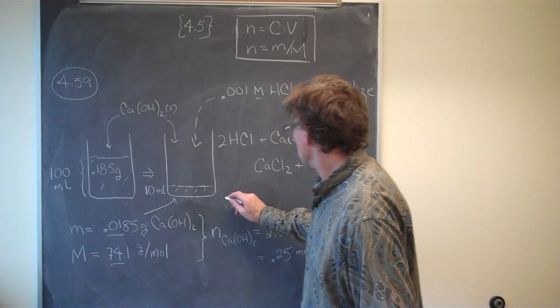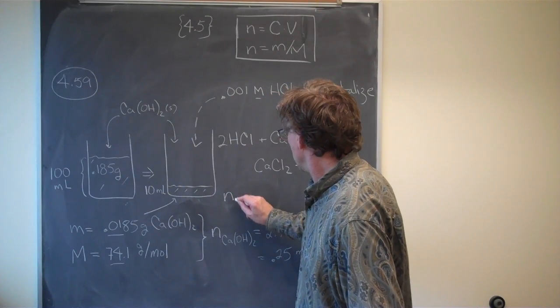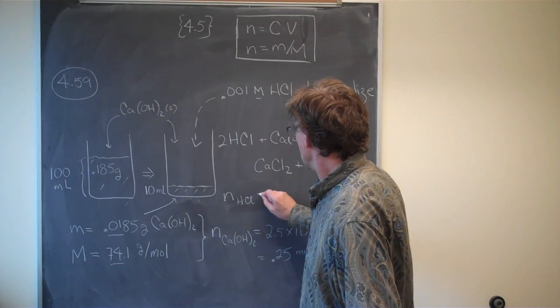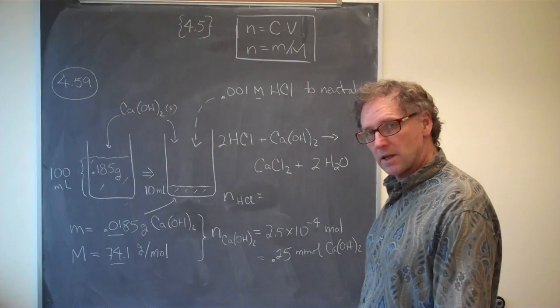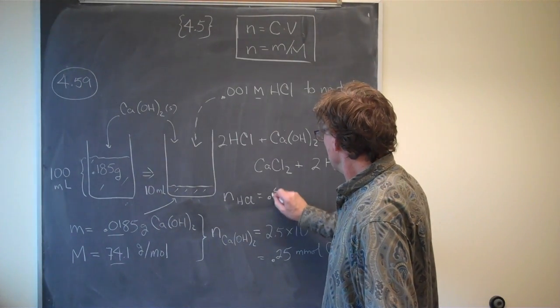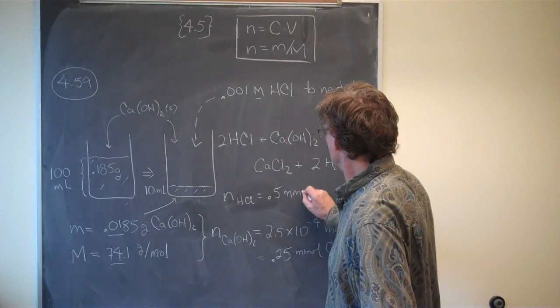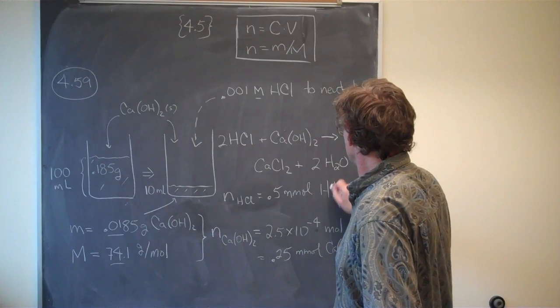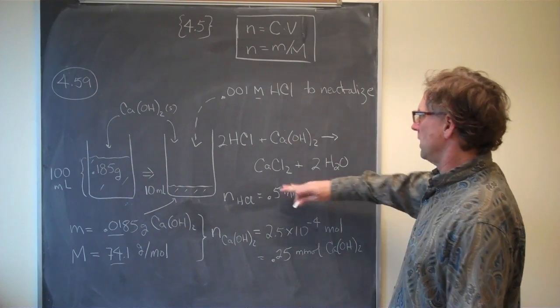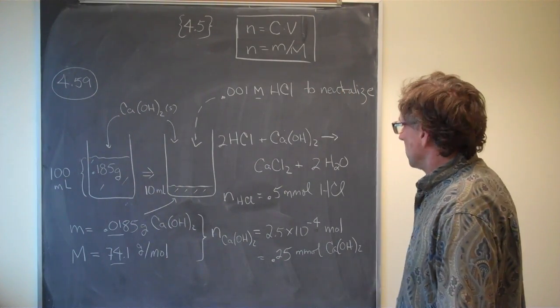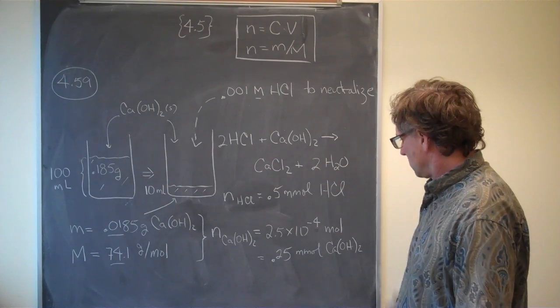That means the number of moles of HCl must be twice that number, so I'm looking at 0.5 millimoles of HCl. That's how much I need to add to neutralize that much calcium hydroxide.